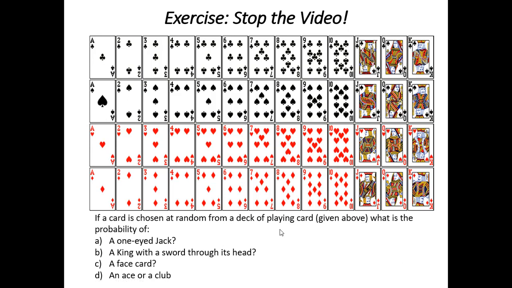So from a deck of cards, what's the probability of a one-eyed jack, a king with a sword through its head, also known as the suicide king, a face card, okay, and in part D, we want the probability of a card that's an ace or a club. So stop the video and let's see if you could get these basic probability questions.